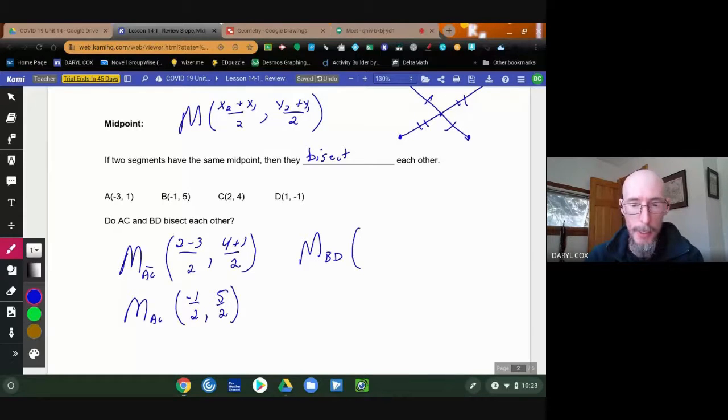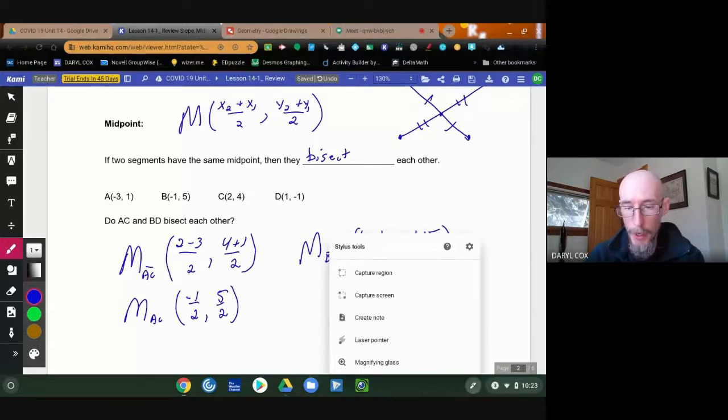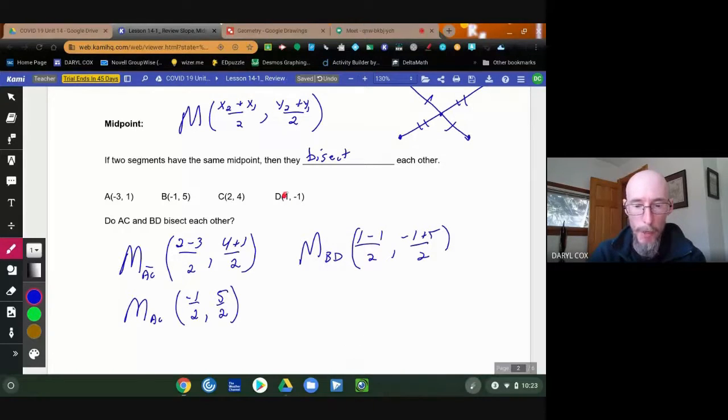So BD, I'm doing 1 plus -1 over 2 and -1 plus 5 over 2. So looking at those numbers, make sure we got the right thing: 1 plus -1, -1 plus 5. Okay, so that means the midpoint of BD is 1 minus 1 is 0, and 0 over 2 is 0.